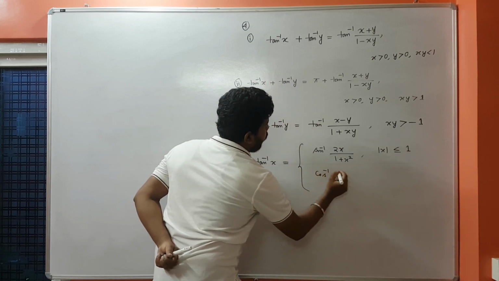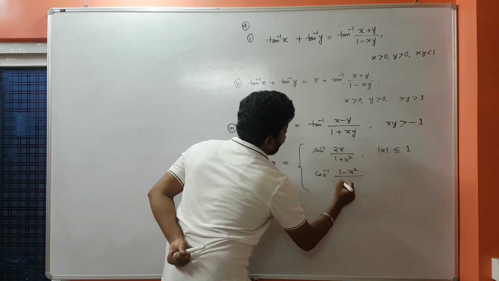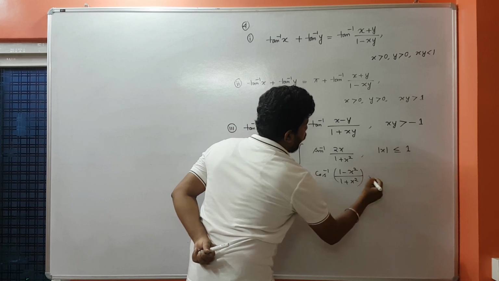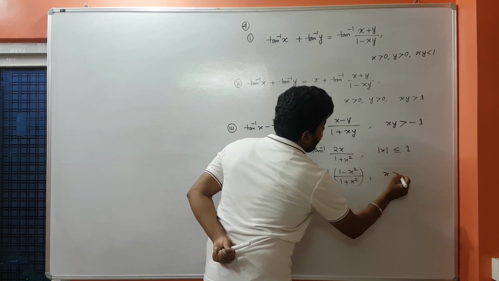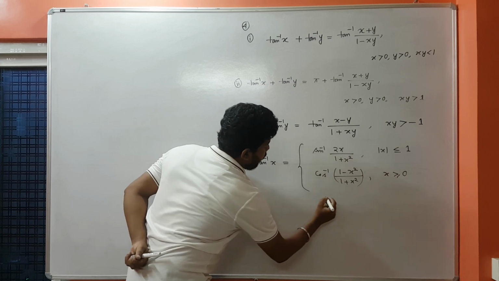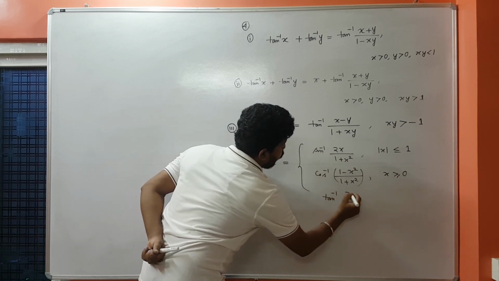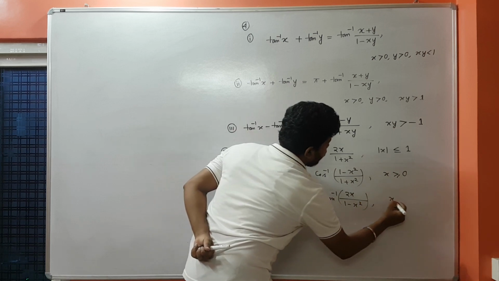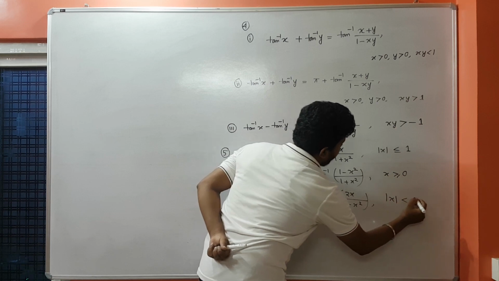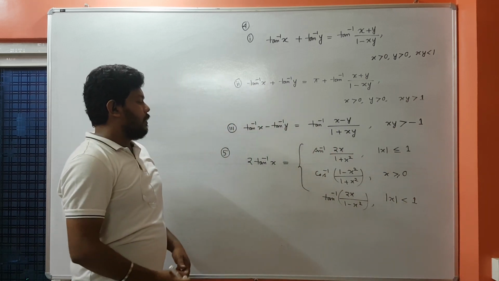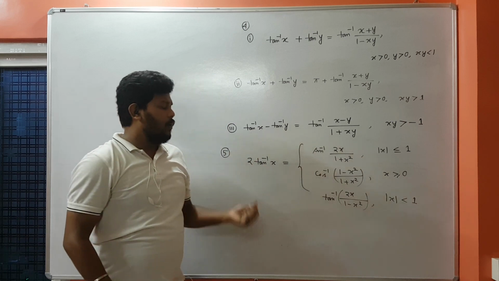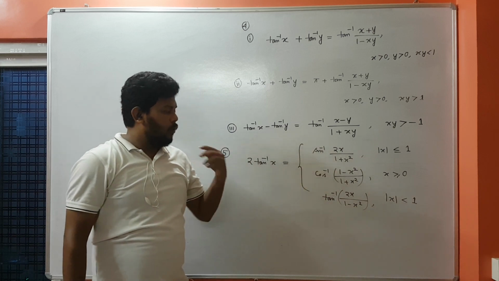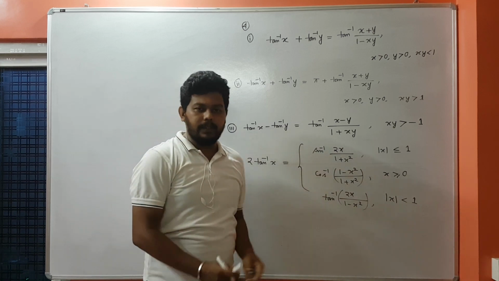Number 2: cos inverse of 1 minus x square by 1 plus x square, where the condition is x is greater than 0. And number 3: tan inverse of twice x by 1 minus x square, where mod of x is less than 1. Simple and easy proofs of these are there in many books. You can go through the NCERT book to find the solutions.